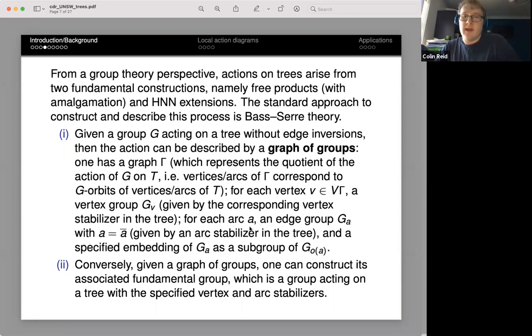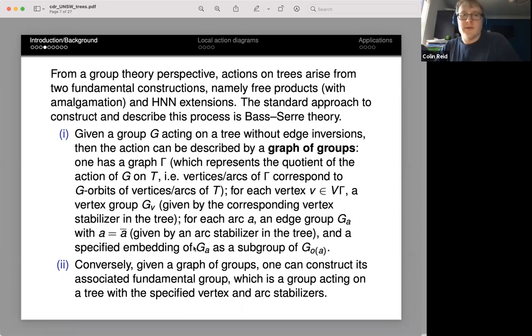For each arc, you have an edge group, which corresponds to the arc stabilizer in the tree. And if you stabilize an arc, then you also stabilize its reverse. So we make the edge groups the same for an arc and its reverse. And then we have a specified embedding of the edge group into the vertex group for each end of the arc. Because of course the arc stabilizer is a subgroup of the vertex stabilizer. If you fix an arc, you also fix its endpoints.